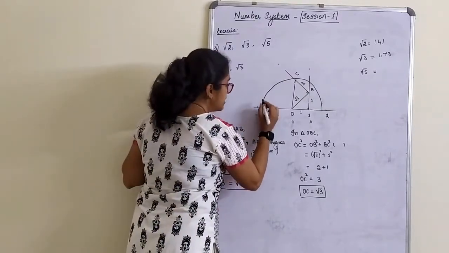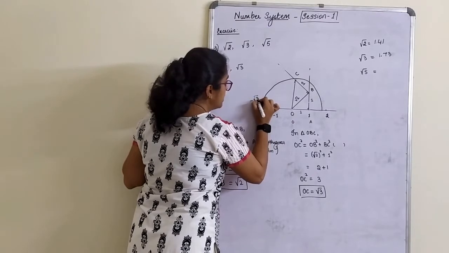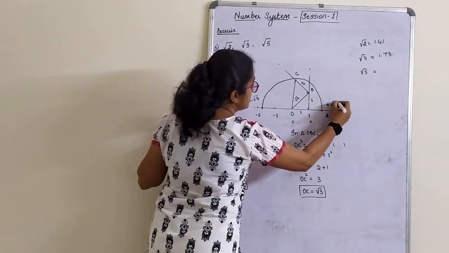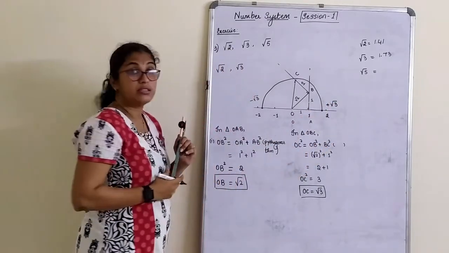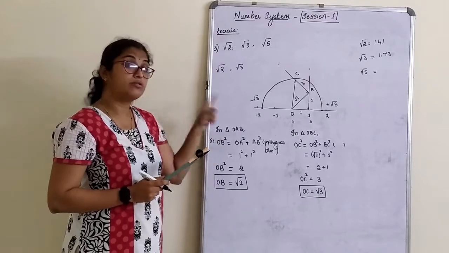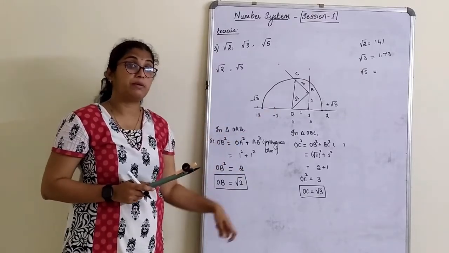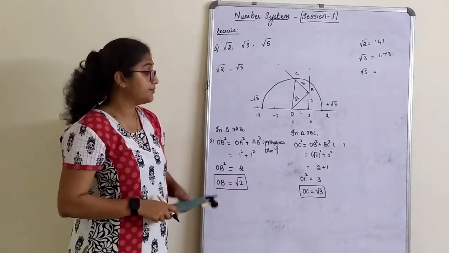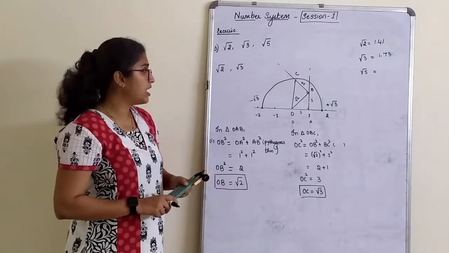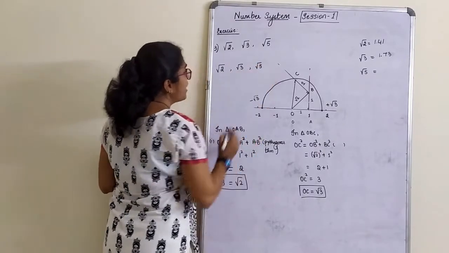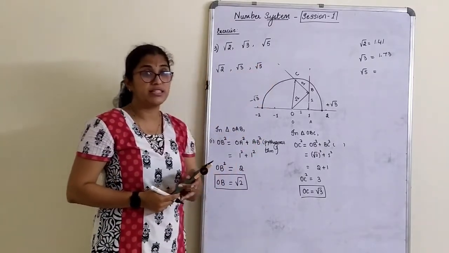So this is minus root 3 and this is plus root 3. This is how you plot root 3 on the number line. Root 2 separate, root 3 separate, but for root 3, first root 2, then root 3. Right? So complete this. The last one we will plot now, root 5. Why not root 4? Root 4 answer is 2.